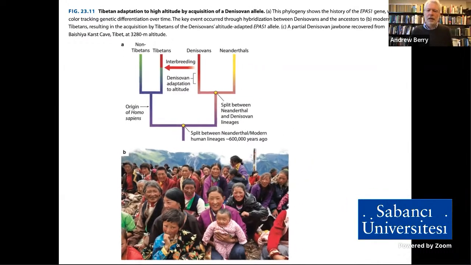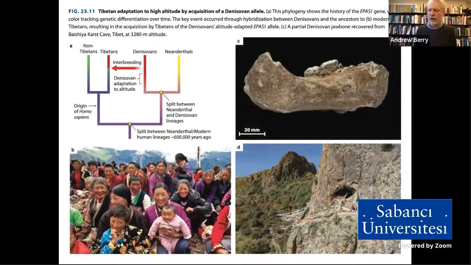Just a year or two ago, we found another piece of Denisovan material. It's a lower jawbone. So now we finally have a bit more Denisovan material. The really cool thing is, where did that jawbone come from? It came from a Tibetan cave at over 3,000 or 4,000 meters altitude. In other words, the Denisovans were living at high altitude.